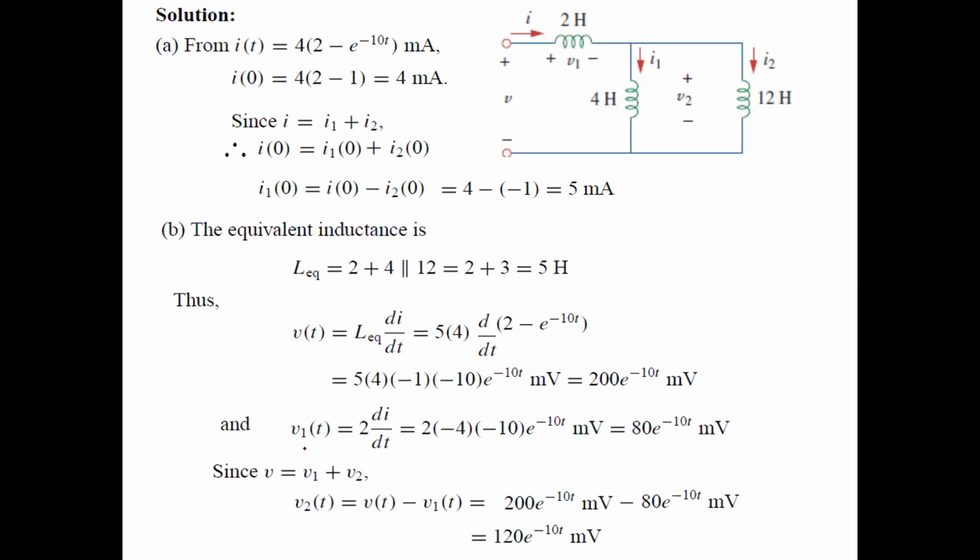So you know V1(t), you also know V(t), now V2(t) is very easy. V(t) is equal to V1(t) plus V2(t), so V2(t) should be equal to V minus V1. V was equal to 200 e raised to minus 10t minus V1(t), which was equal to 80 e raised to minus 10t.